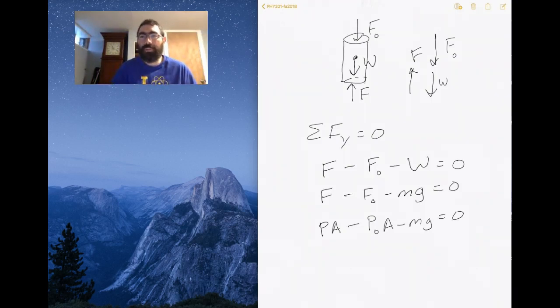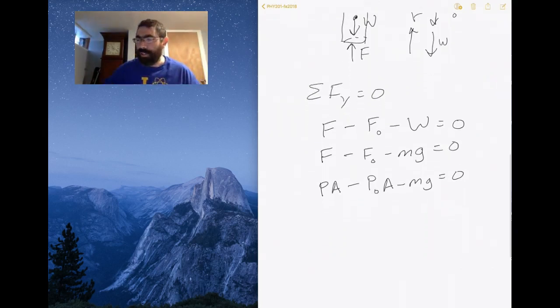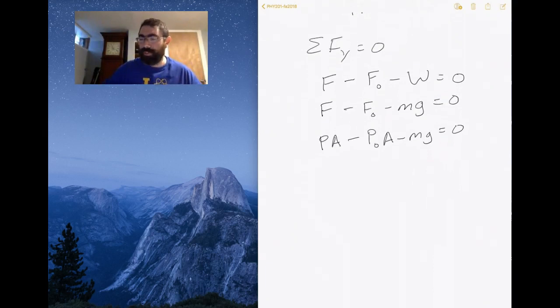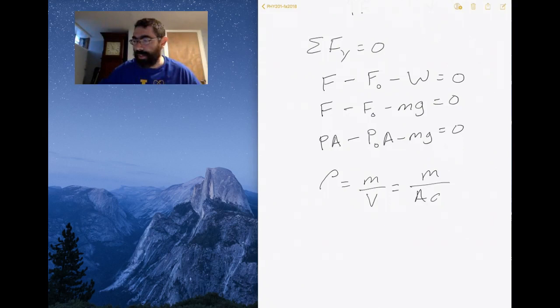Okay, so now mass is not a good quantity to use in terms of calculating things with fluids because the mass can be distributed over a different shape. So we're going to replace that with the density. So we said the density was the mass divided by the volume. And in this case, for our cylinder, the volume is the area times the height of the cylinder.